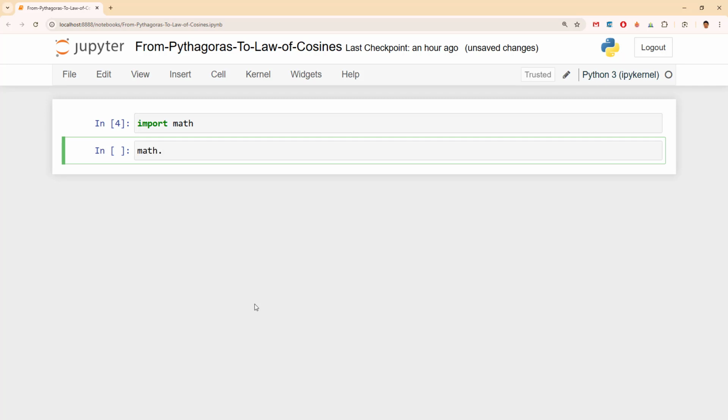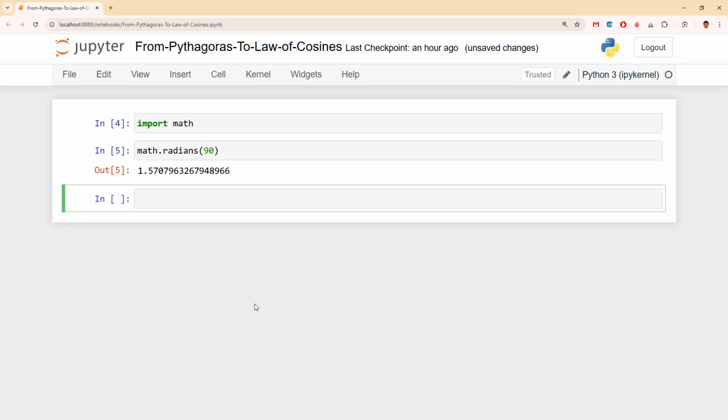So for example, if we do math.radians and ask how many radians are 90 degrees, the answer is 1.57. How many radians are 180 degrees? This really looks like pi to me. Is it really pi? We can always compare, because this is Jupyter Notebook. Yes, it is exactly math.pi.